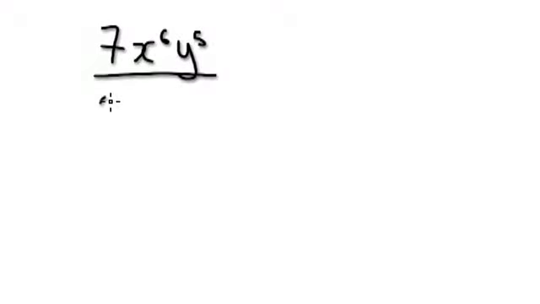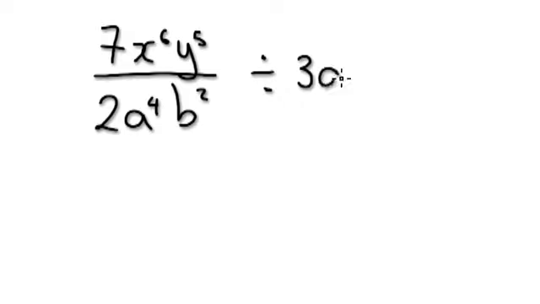Let's say 7x to the power of 6, y to the power of 5, divided by 2a to the power of 4, b squared, divided by, let's say, 3, a to the power of 5, b to the power of 4.